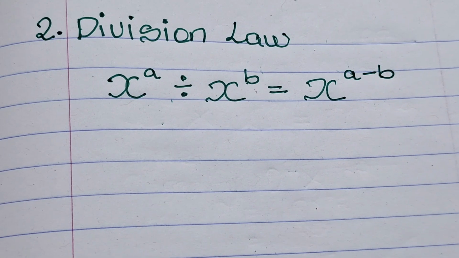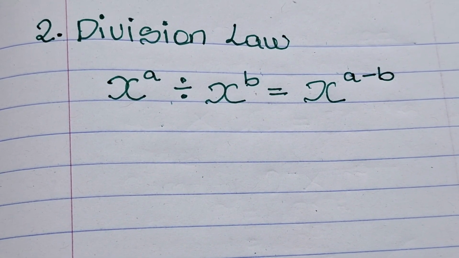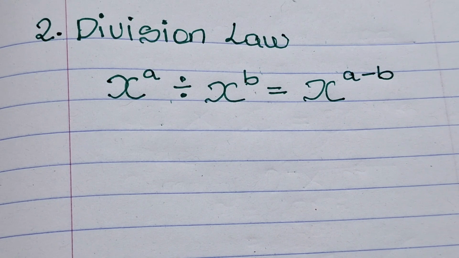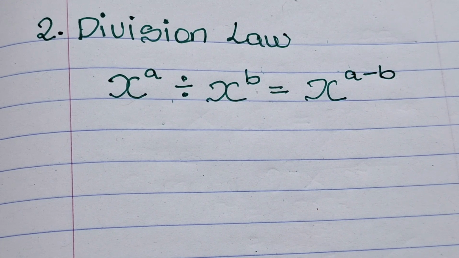Here's our second law of indices, and it is the division law. Again, we're using an illustration of x as the base raised to the power of a divided by x raised to the power of b. Again, the bases must be the same. X is the base, the same for the power of a and the same for the power of b.